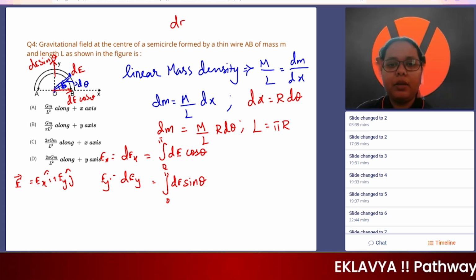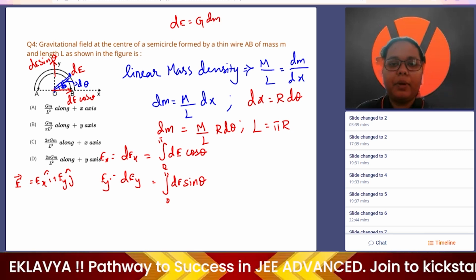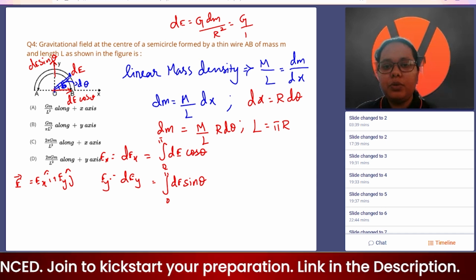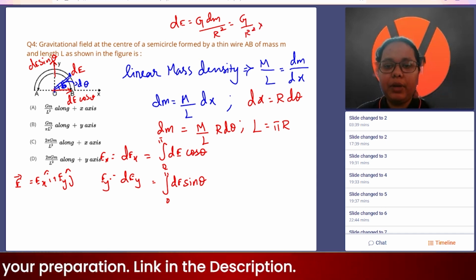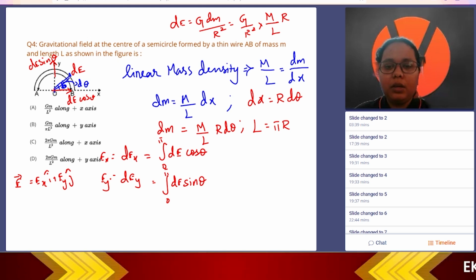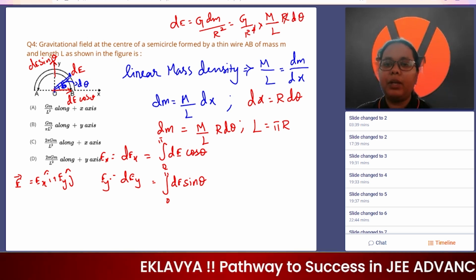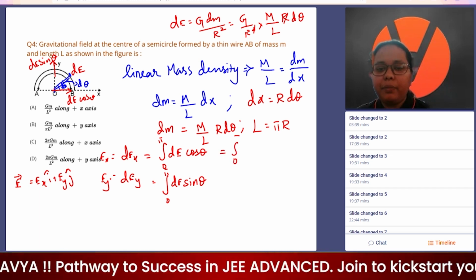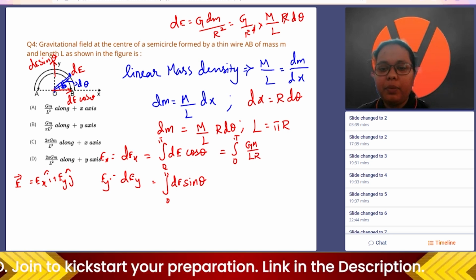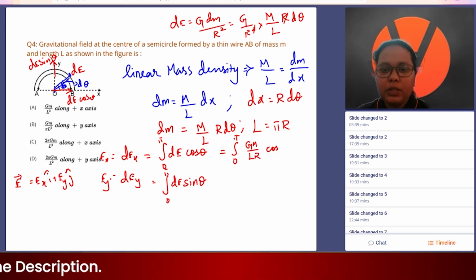This is nothing but G dm by r square. We found dm is m by L r d theta. If you cancel r square and r, you get G m divided by L r, integral 0 to pi, cos theta d theta.